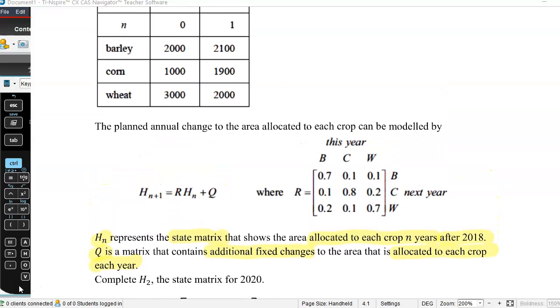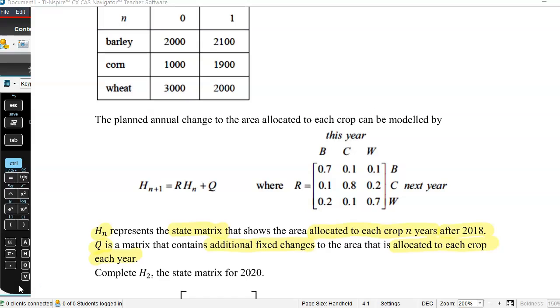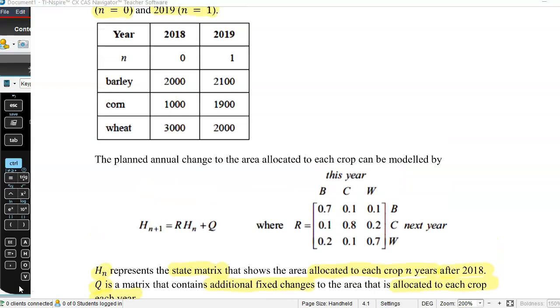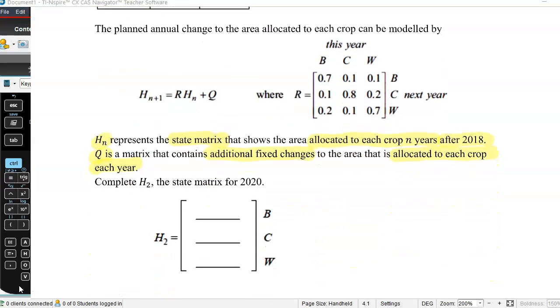Okay, so whether that's new areas coming in. So let me just have a look. That's 4,000, 6,000 there. So that is 4,000. So it's still 6,000 hectares each year, but how it gets allocated changes a bit.